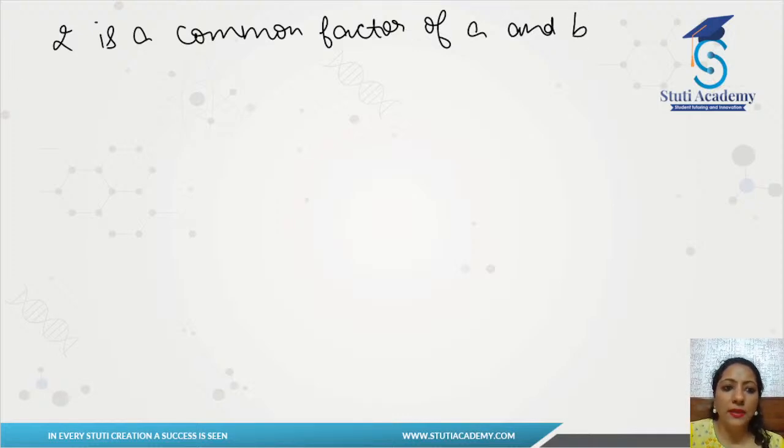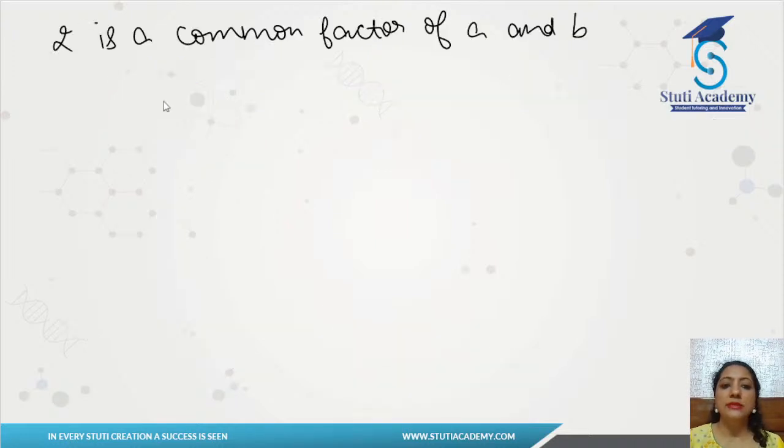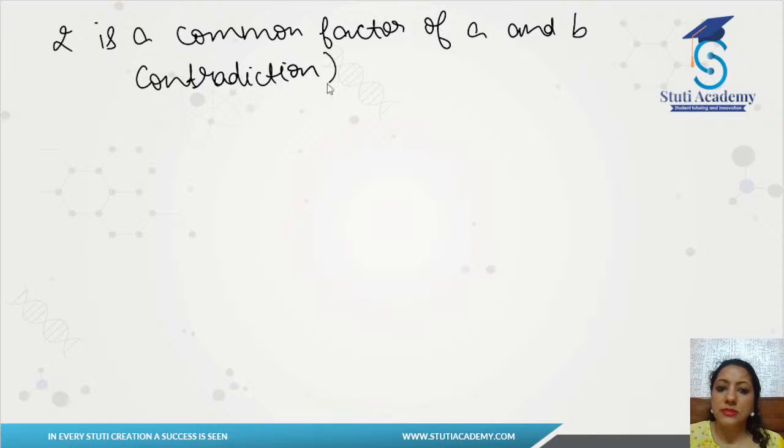But right in the beginning, we said that root 2 is equal to a upon b, where a and b are co-prime numbers. That means they don't have any common factor other than 1. They just have 1 as the common factor, nothing else. But now we are saying 2 is a common factor of a and b. So that's a contradiction.